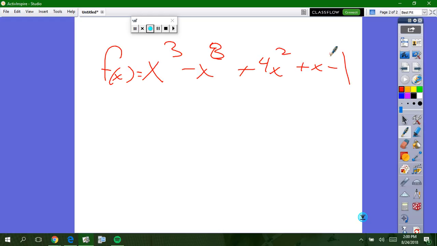Then, what degree is a line? Degree 1, right? Because a line would be 3x plus 2 or something, where our highest power is 1. So notice here it has degree 1.